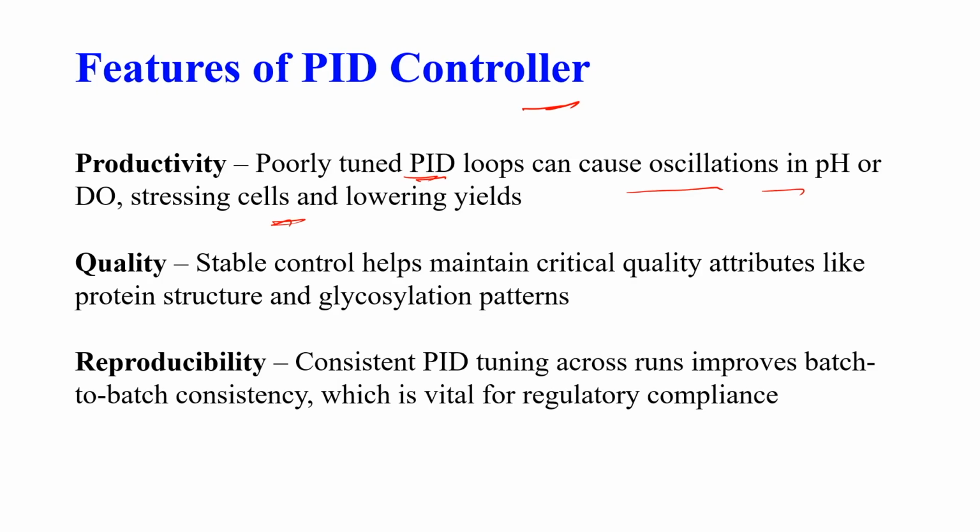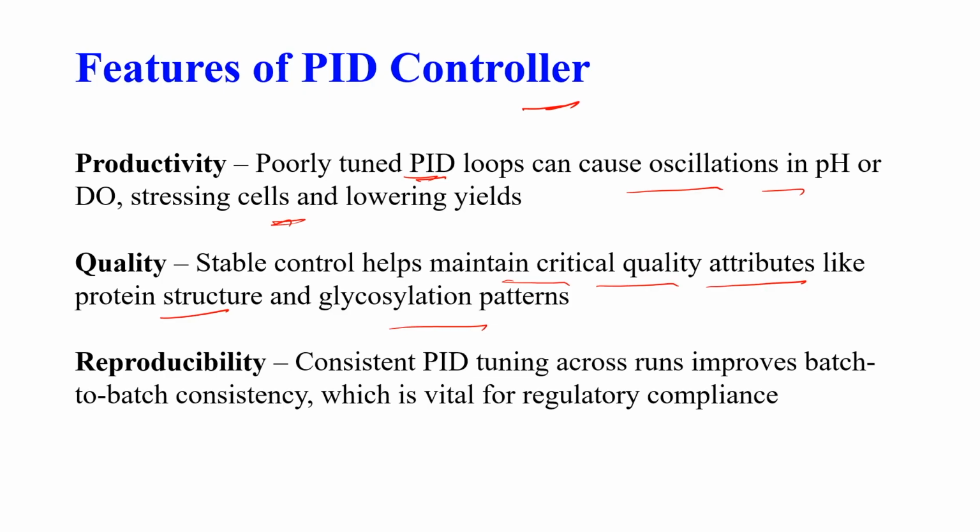Second comes the quality. The stable control helps to maintain the critical quality attributes like, let us say, structure of your protein or glycosylation pattern. So, whatever biochemical features are expected in your metabolites, those are also affected by these inlet or the process variables, and this is very important, the reproducibility.